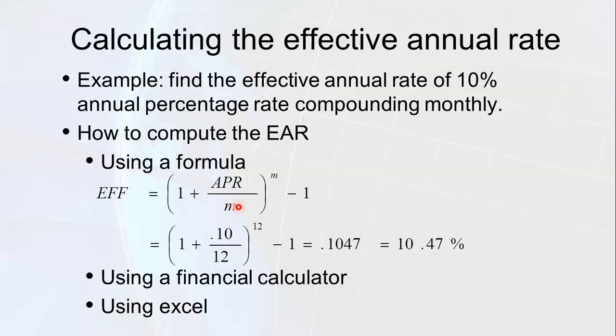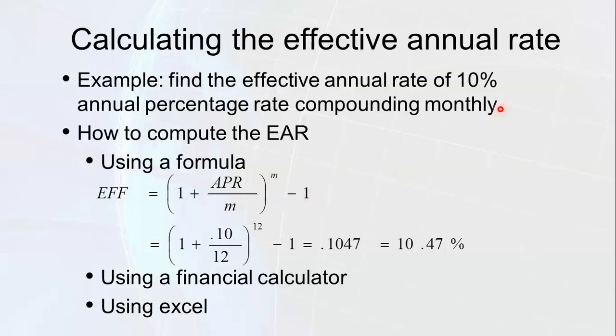M equals 12 if it is monthly compounding. M equals 365 if it is daily compounding. Okay, so 1 plus nominal rate divided by number of compounding, and then the whole thing raised to the number of compounding, minus 1, is going to give you the effective annual rate.